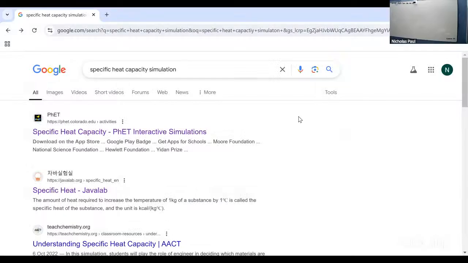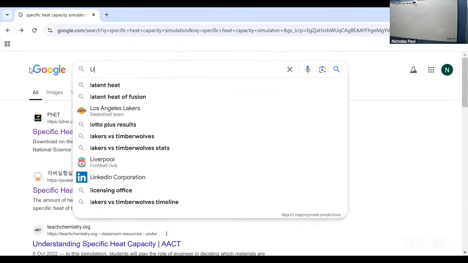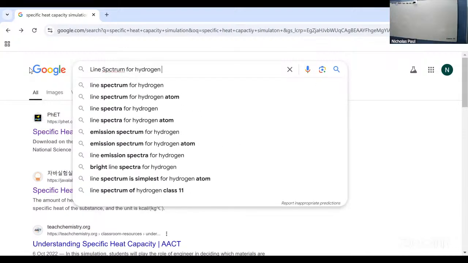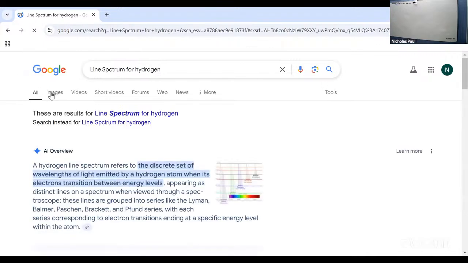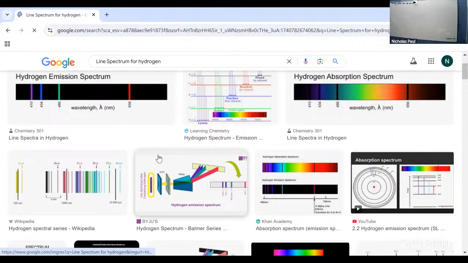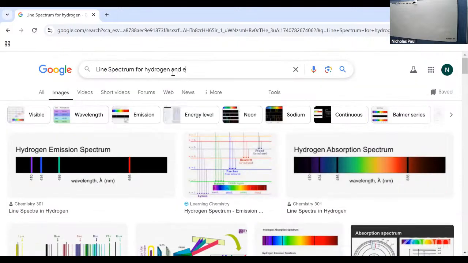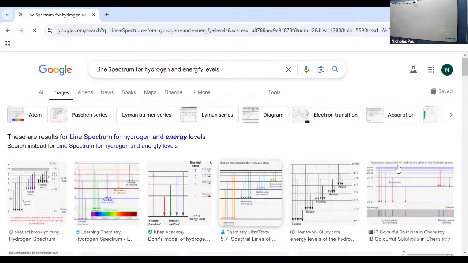My diagram is not popping up. I'm just looking for my diagram, right?